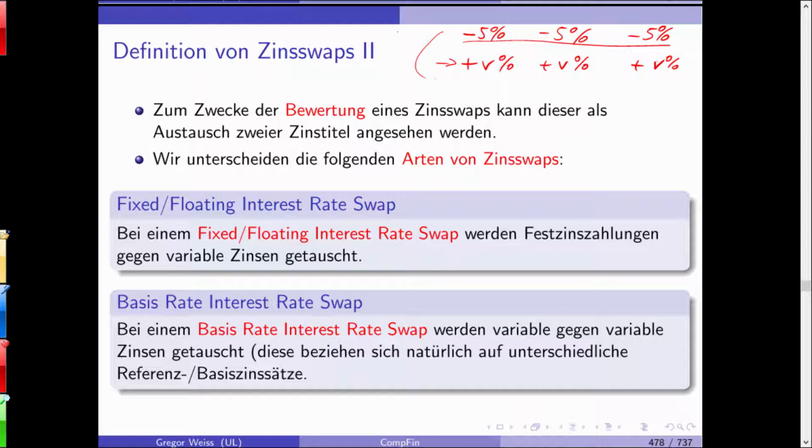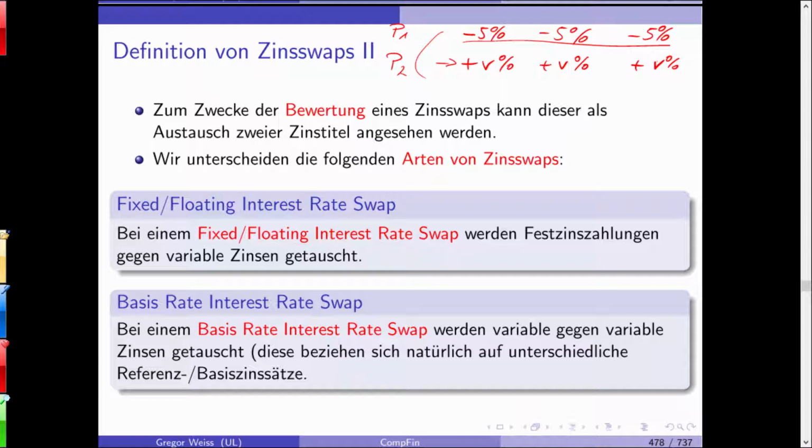You need to look at those prices, P1 and let's call it P2, and obviously if P1 is larger than P2, the side that is getting the variable payment needs to pay the difference to the other contract partner, and vice versa. So this is a plain vanilla fixed floating interest rate swap.